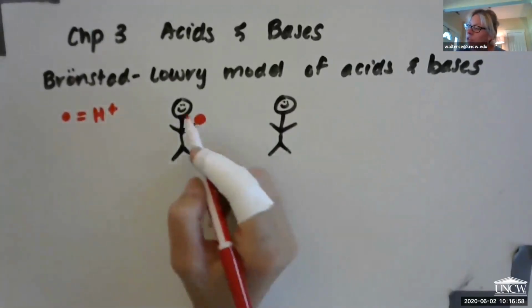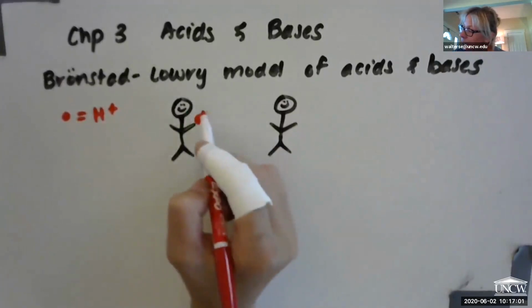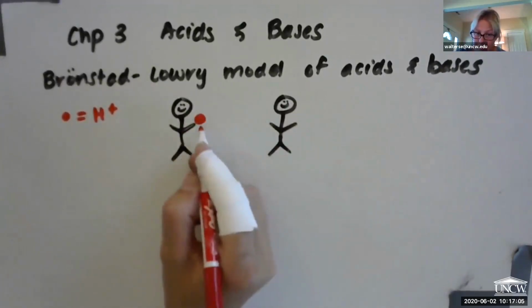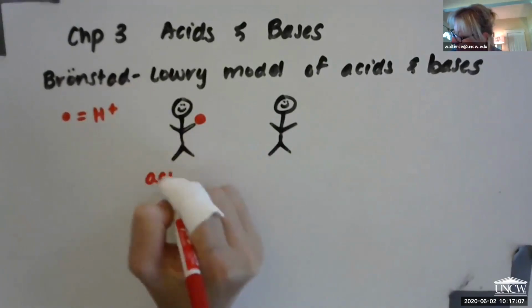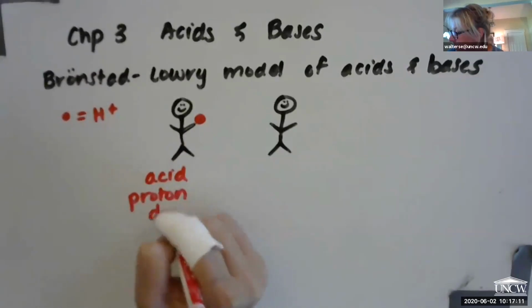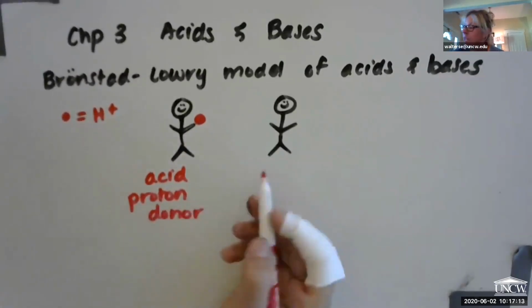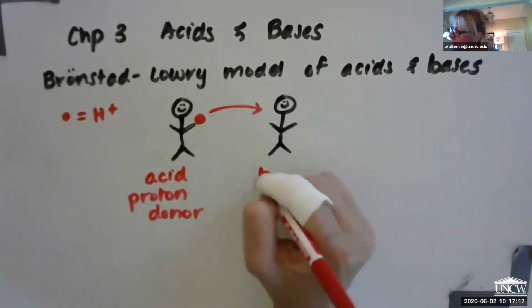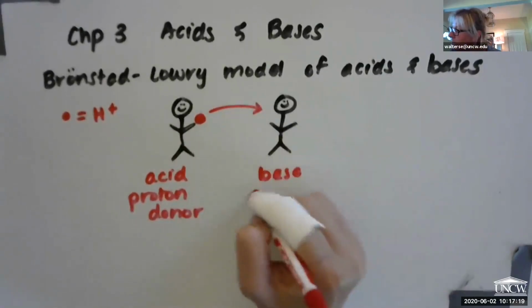The guy who has the ball is the acid. He's going to be the proton donor. He's going to throw the ball to the other person. That's the base, the proton acceptor.